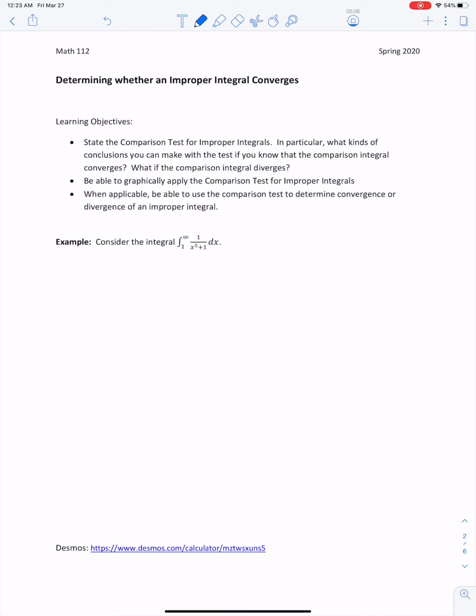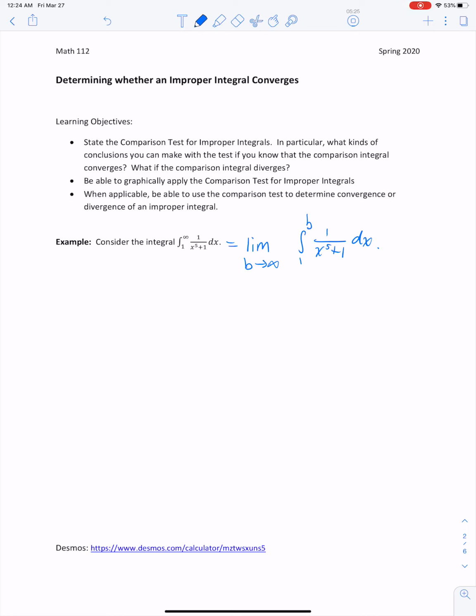And from last time, we know that this is equal to the limit as b goes to infinity of the integral from 1 to b of 1 over x to the fifth plus 1.